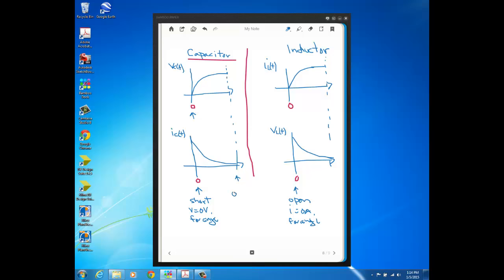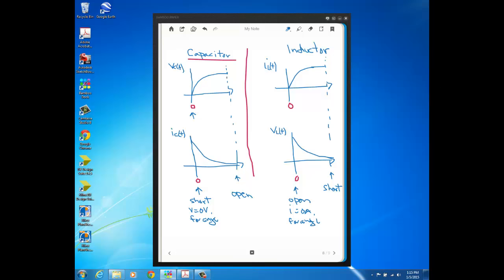So the steady state condition of an initially uncharged capacitor is an open, and it's just the opposite for an inductor. That for an inductor at the steady state, it has its final current, but its voltage is 0, which is the same voltage current relationship as a short. Okay, so initial condition, steady state condition capacitor, initial condition, steady state condition inductor. In both cases, the storage elements are initially without any stored energy.